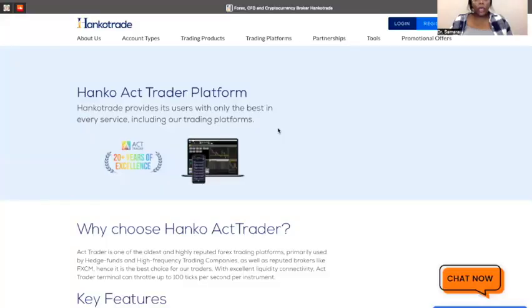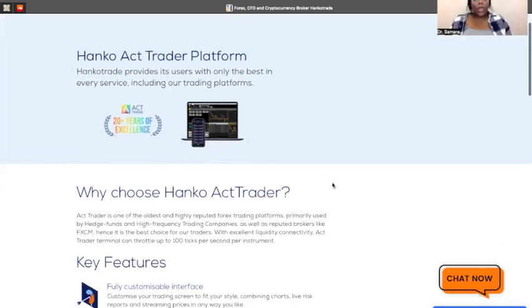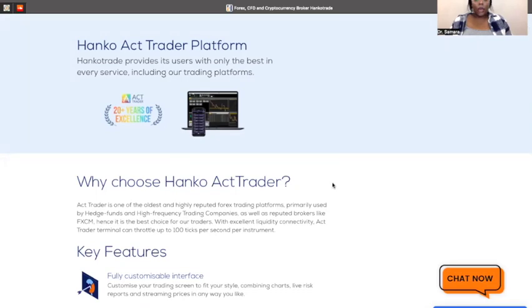So currently, Hankotrade has now transferred over to ActTrader, which is a platform. And as you can see here, Hankotrade is providing users who are unable to use MT4 and MT5 a way to use Hankotrade on another platform known as ActTrader.